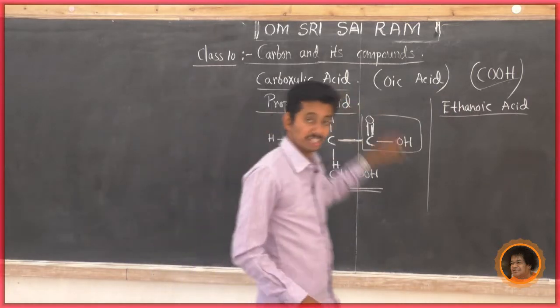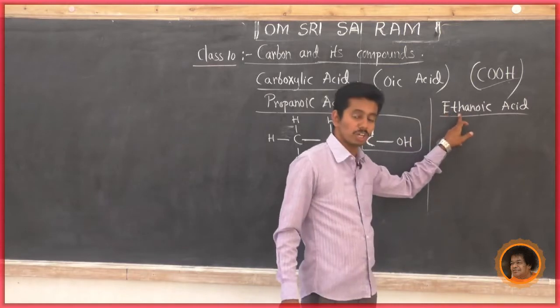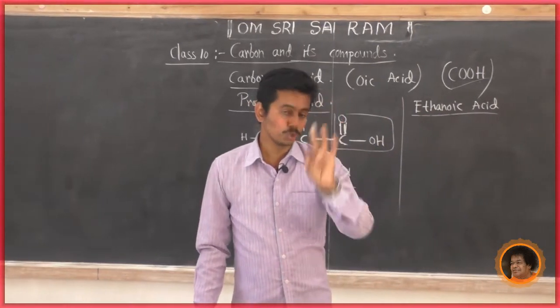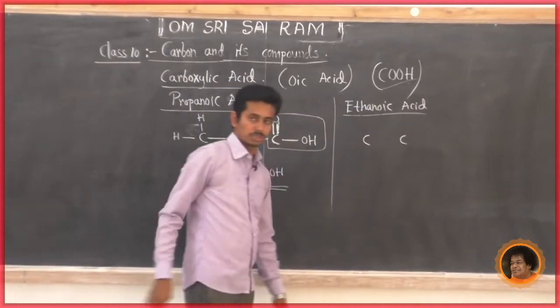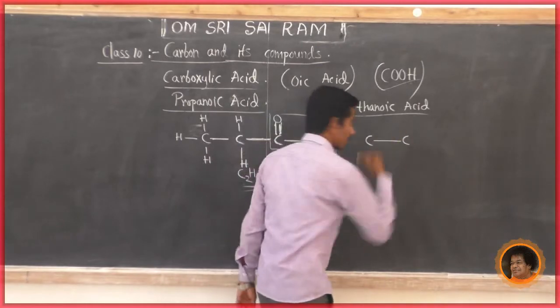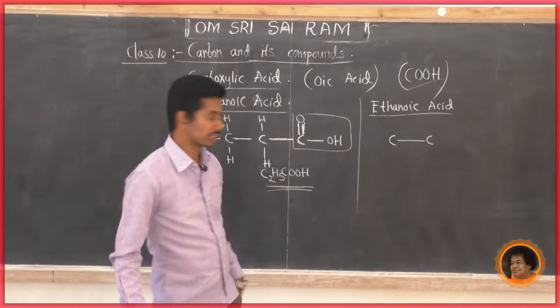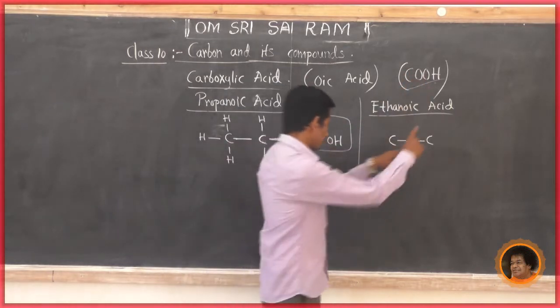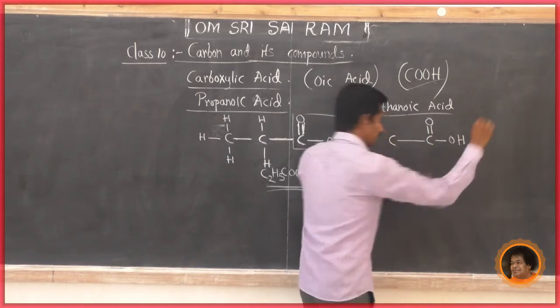Now write the structural formula. How to write it? Eth means how many carbons? Meth means 1, eth means 2. So 2 carbons, 1, 2. In between the carbon atoms there is a single bond. After that, ethanoic acid is a carboxylic acid. What is its functional group? COOH. Use this C and double bond O, then OH.